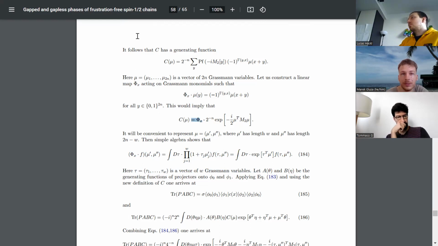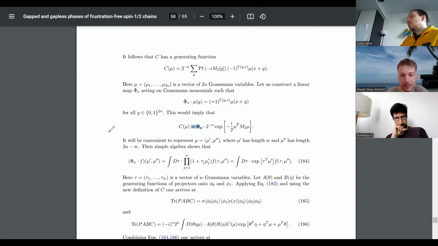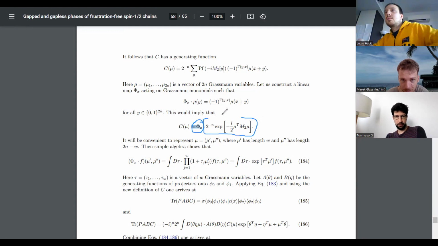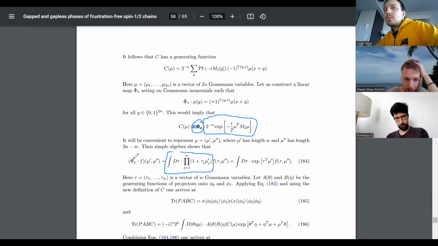I was mentioning this motivation of Grassmann integrals as basically integral operators. So if this is a map and I apply this to some element of the Grassmann algebra that I'm working with, I could try to represent this map as an integral operator. So if I apply my integral operator to f, I will have some new function g. It will be going into mu prime prime, if I'm not mistaken.